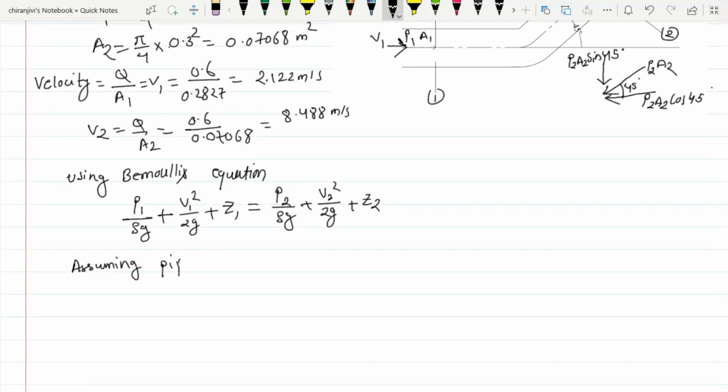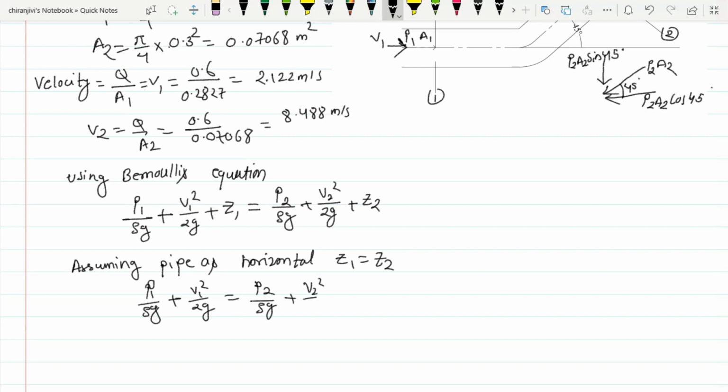Assuming pipe as horizontal, we can write Z1 equal to Z2. So here we have remaining P1 upon rho g plus V1 square upon 2g equal to P2 upon rho g plus V2 square upon 2g.